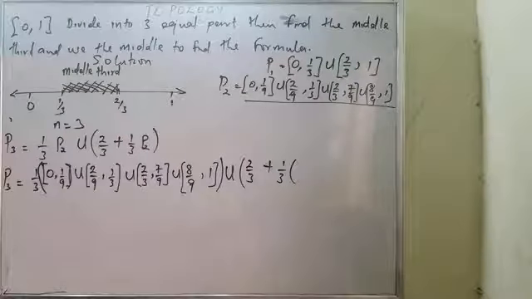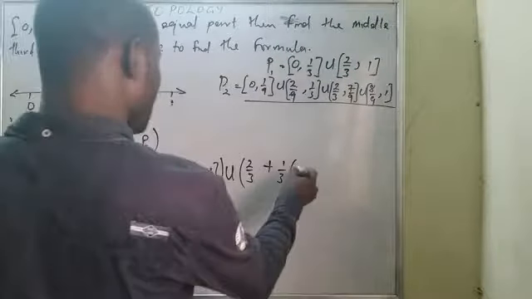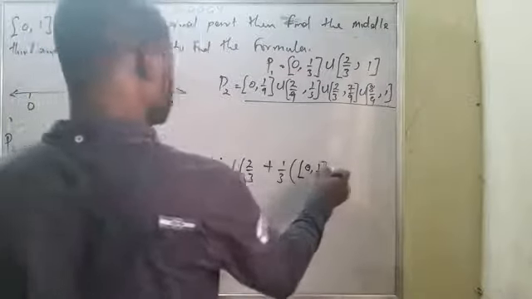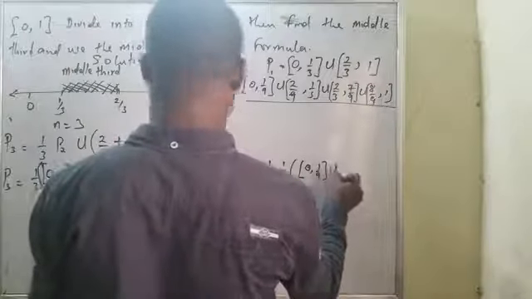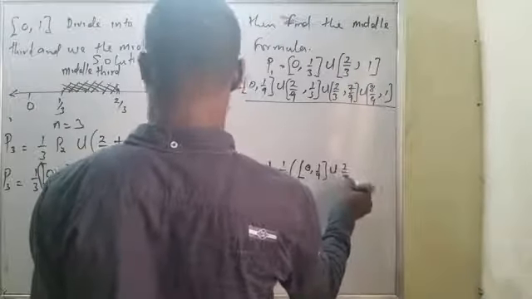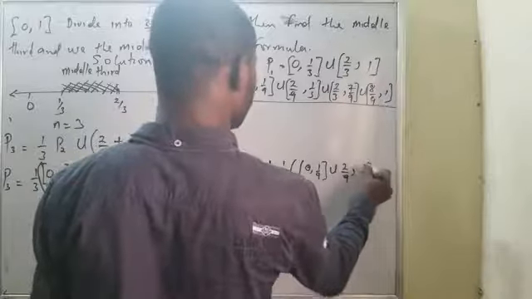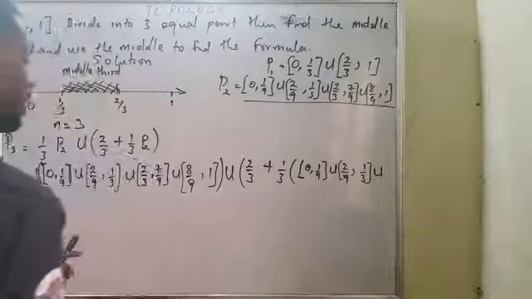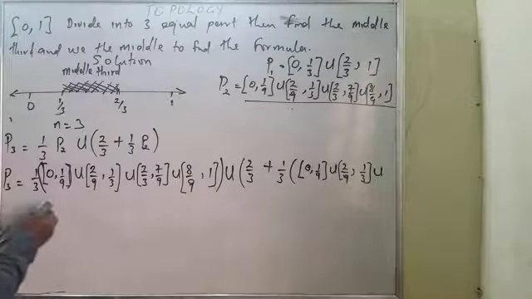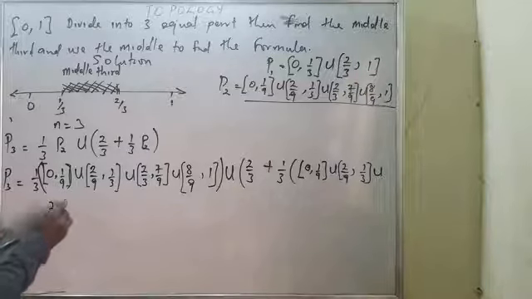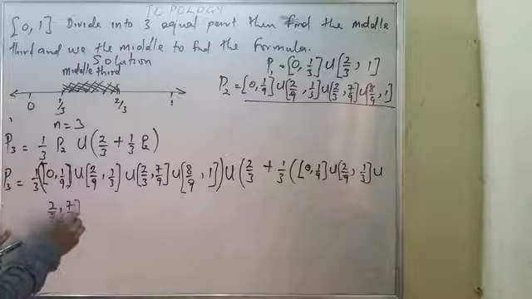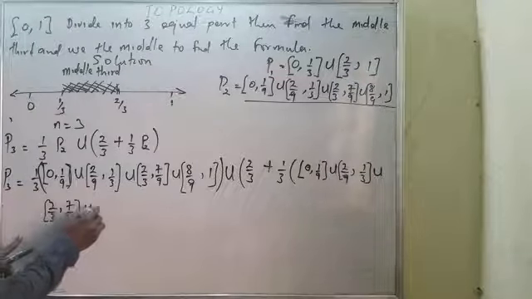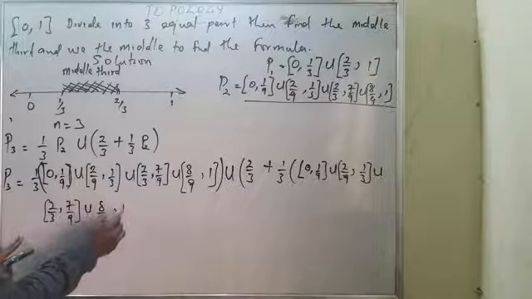You also need to open a bracket, and your P, everything that is given here is 0, 1 over 9, and union 2 over 9, 1 over 3, union 2 over 3, 7 over 9, union 8 over 9, 1.